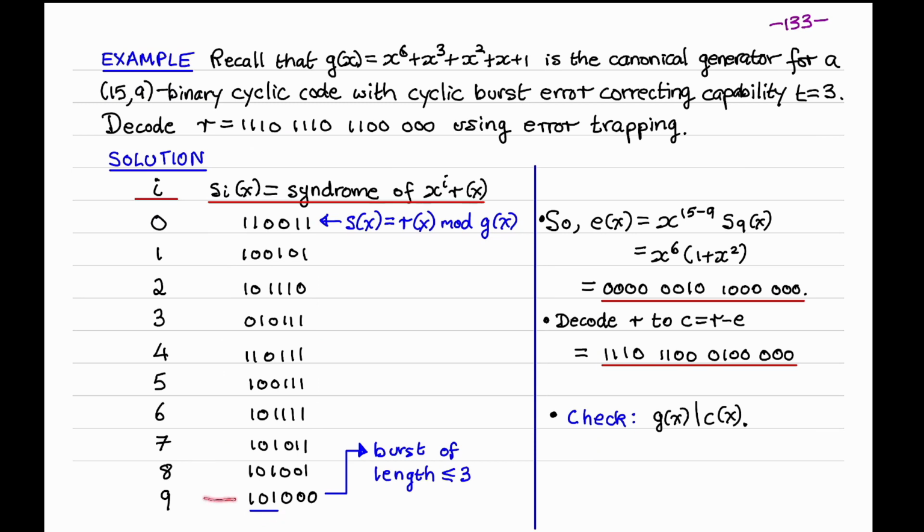In this syndrome, all the non-zero entries lie in the first 3 components, which form a non-cyclic burst of length 3. We conclude that the error polynomial is x to the 6th times S_9, which is this polynomial, or this vector of length 15. Finally, we decode R to R minus E to get this code word. You can check that C is indeed a code word by dividing C(x) by g(x) and making sure that the remainder is 0.